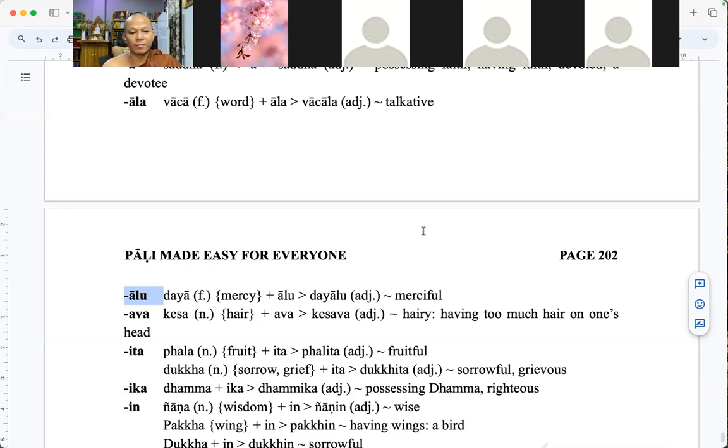Since it is an adjective, it also changes with the case, depending on the noun it modifies. Exactly, we have to trace back which suffix it comes from.